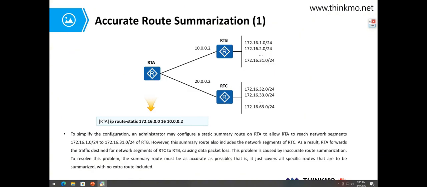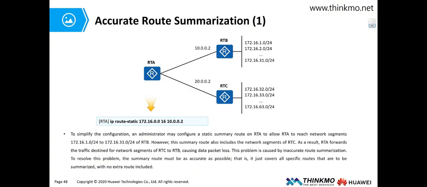When we are doing route summarization, we can observe that on RTB, there are routes from 172.16.1.0 to 172.16.31.0, and on RTC, there are routes from 172.16.32.0 to 172.16.63.0. If we, like before, casually perform a summarization directly using 172.16.0.0/16, it will lead to the situation that in the future, when I go to 172.16.x.x, regardless of the specific address, I will provide it.